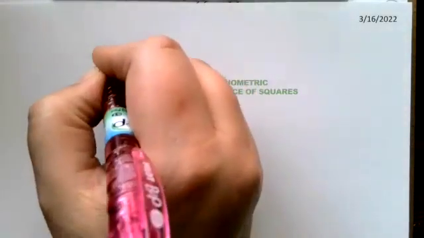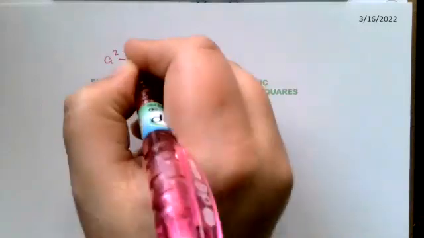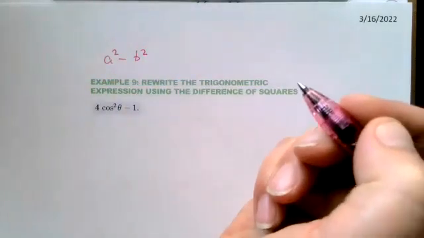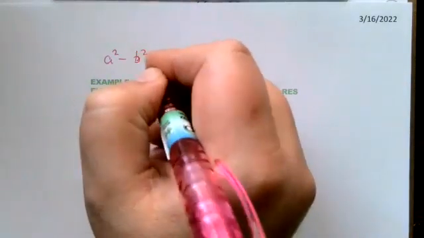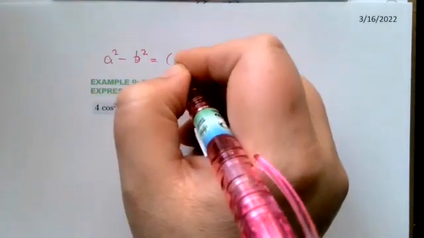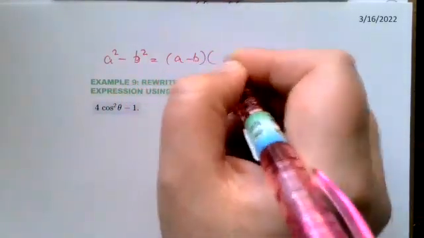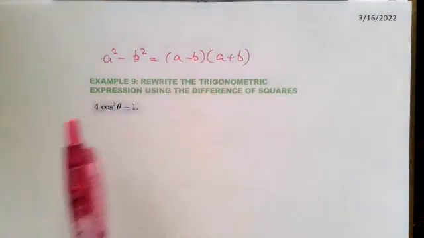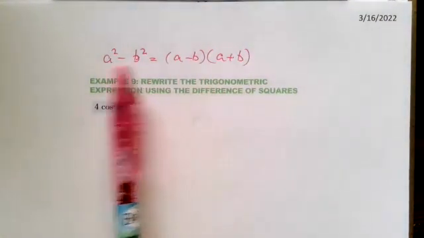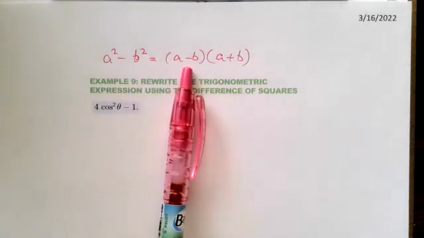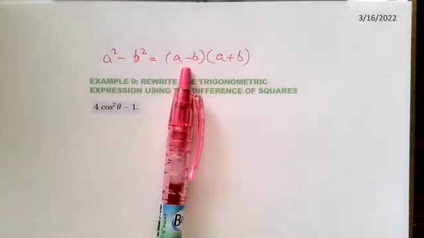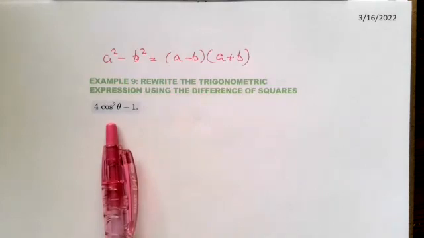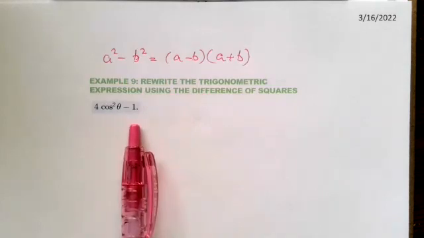Well, it's an expression of the type a squared minus b squared. And I will remind you that that will equal a minus b multiplied by a plus b. That's the formula. That's how we can factor expressions like this. So it's actually very useful to see them when we have them.